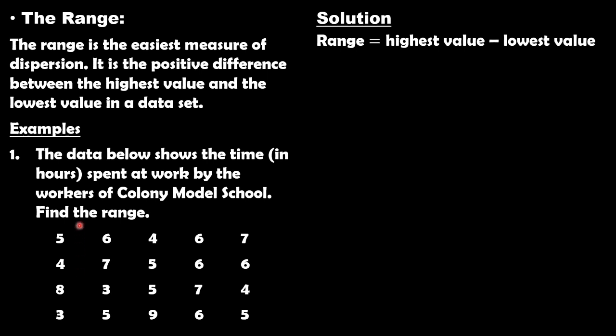In this column, it is clear that 8 is the highest value here. Also, in this column, we can see that 7 is the highest value. While in the third column, we can see that 9 is the highest value.